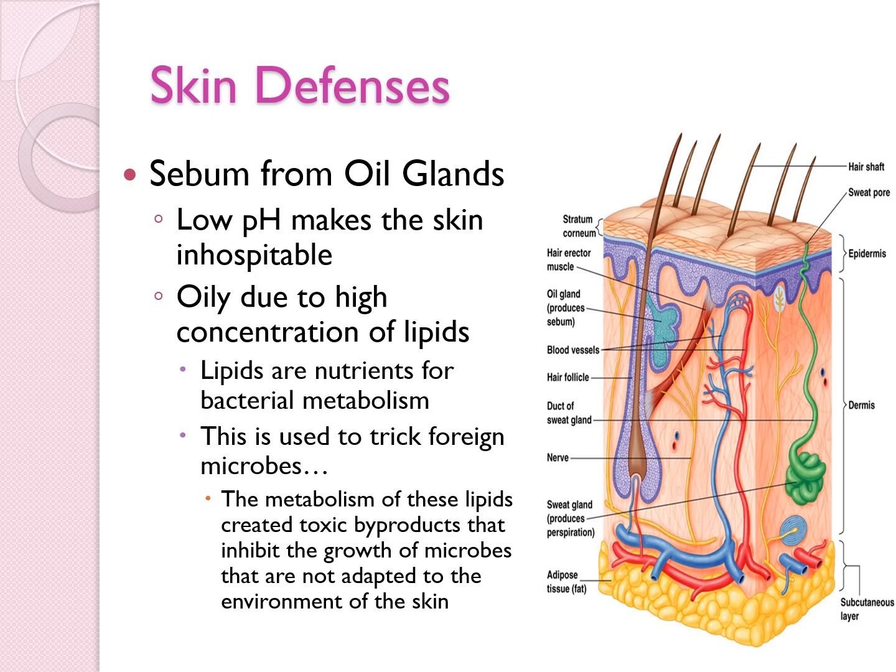And then as the microbes are trapped, they're going to take advantage of the fact that there's lipids within this secretion and consume those lipids. Now, as the lipids are consumed for that bacterial metabolism, they start to create a toxic byproduct that ends up inhibiting the growth of microbes and also kind of poisoning them. So that's a neat defense.